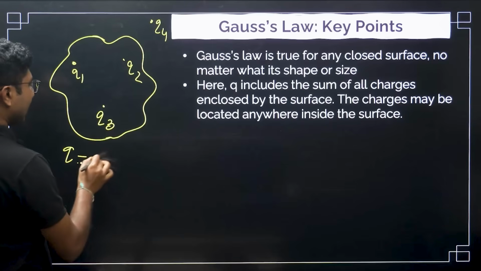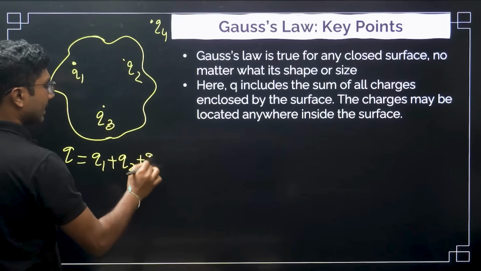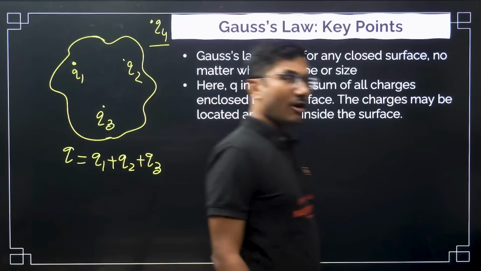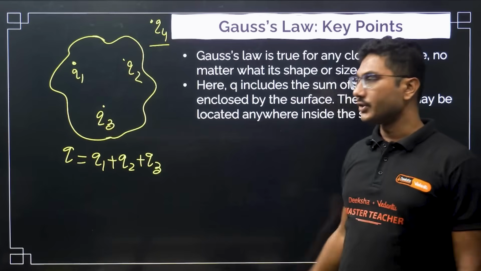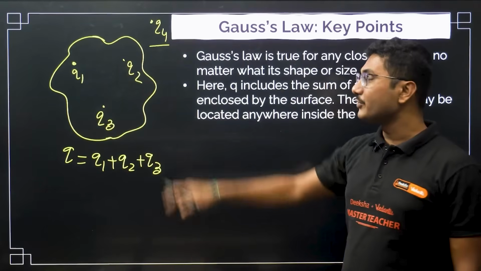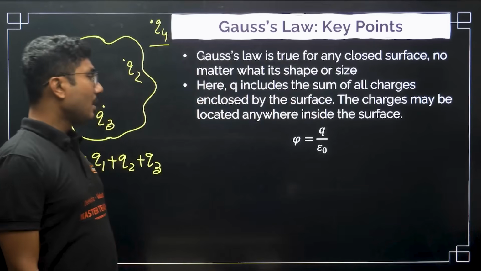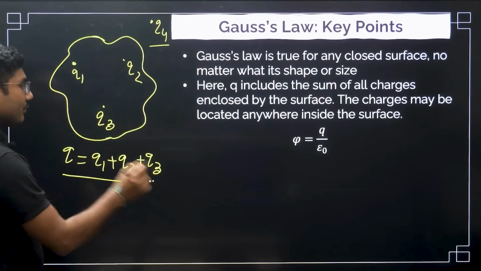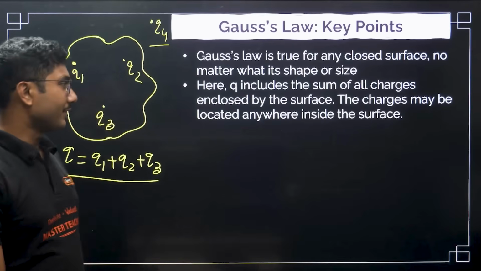Q is basically all the charges which are present inside the surface, but the charge which is not present inside the surface, we will not consider. We will only consider the charges which are present inside the surface.